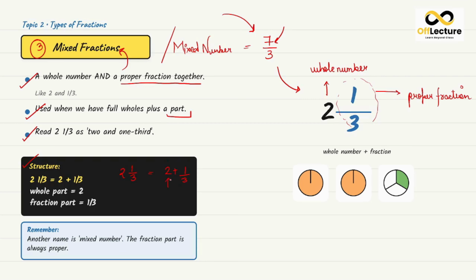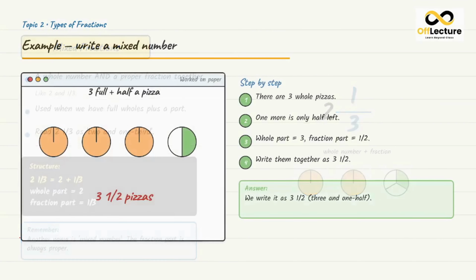It means that there are two wholes, or two complete parts, and one tiny extra part. In the figure you can see we have two whole parts and 1/3 of another circle. So this is how we understand a mixed fraction.